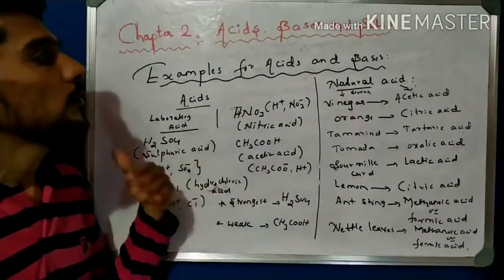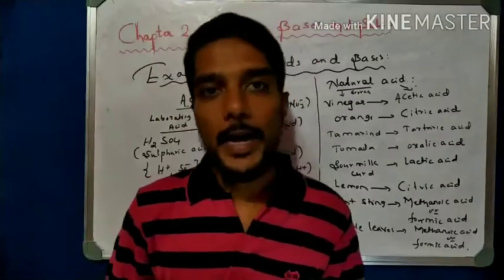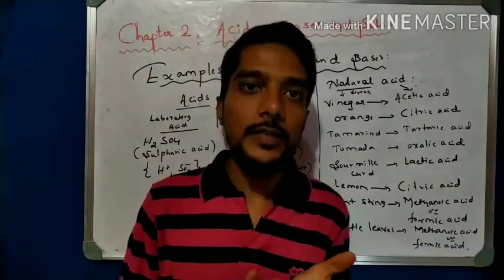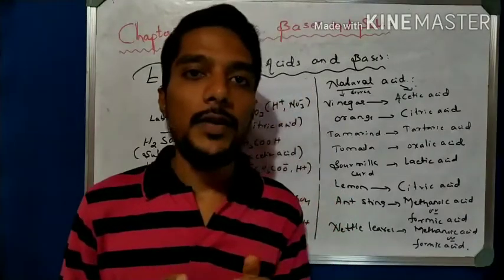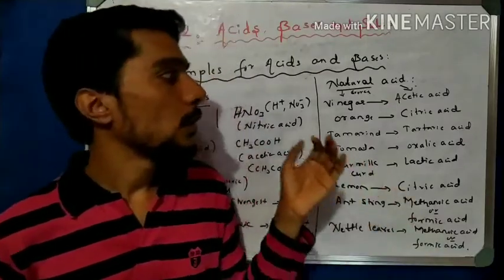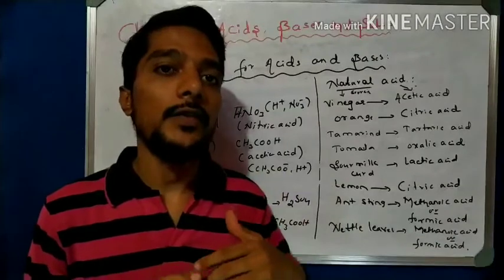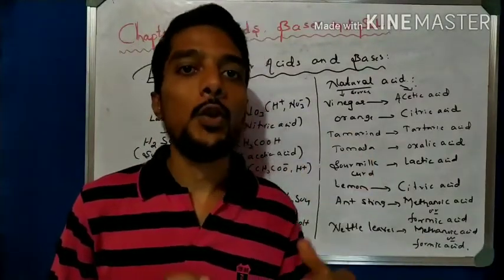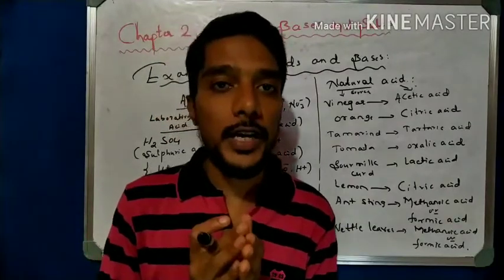So here we have completely covered the basic knowledge about acids: the definition of acid and properties of acid. It is easy to define acids by using properties. After that we took examples of acids and bases. Among bases, NaOH, which gives more OH minus ions, is the strongest, and the weak base is ammonium hydroxide NH4OH.